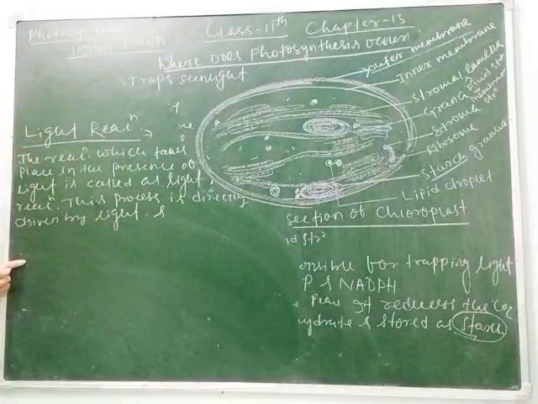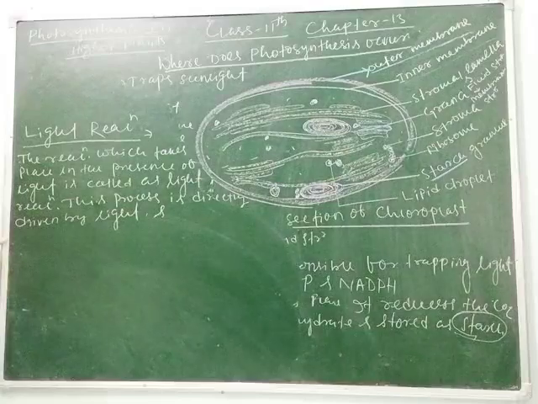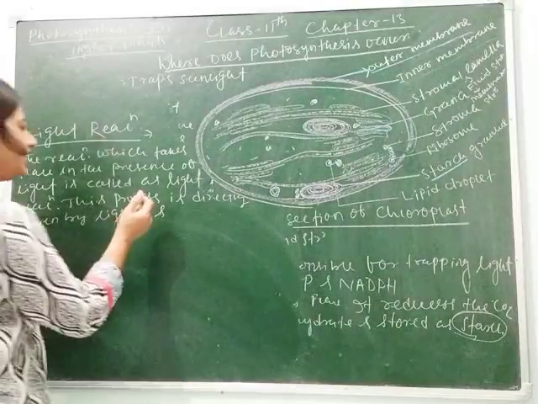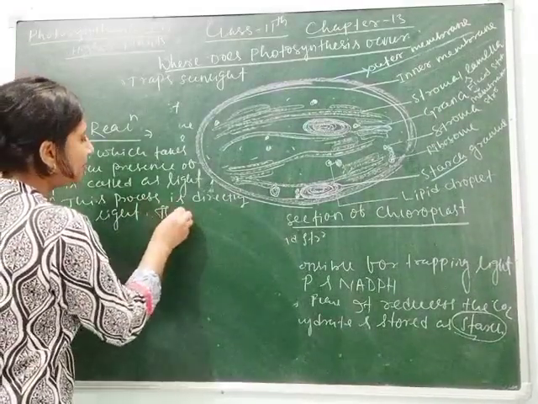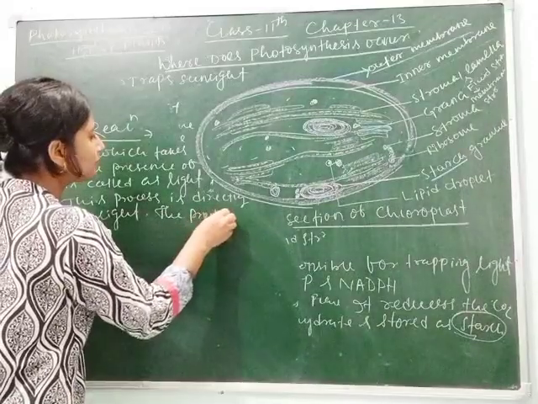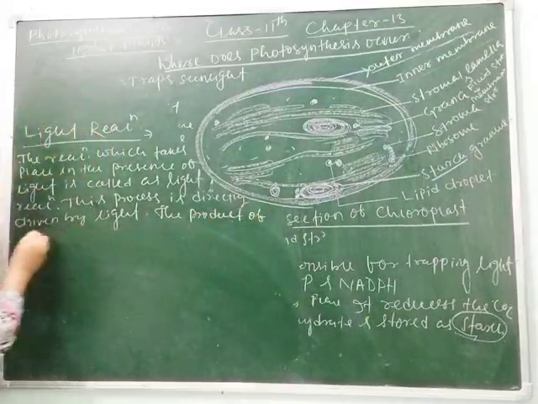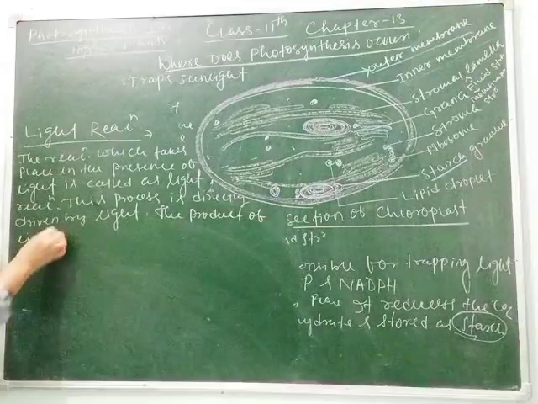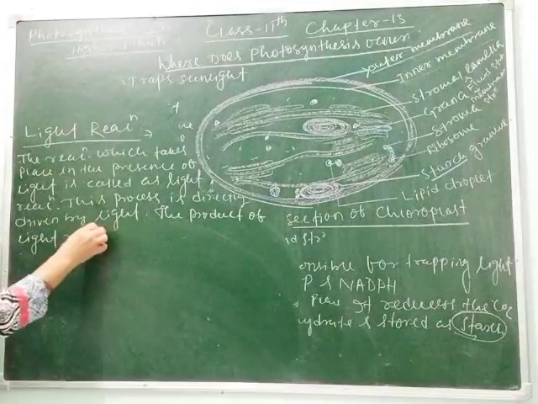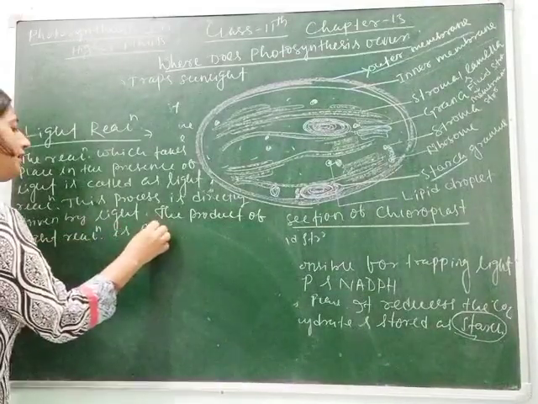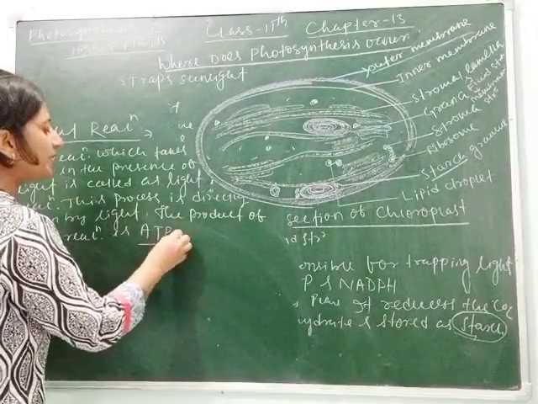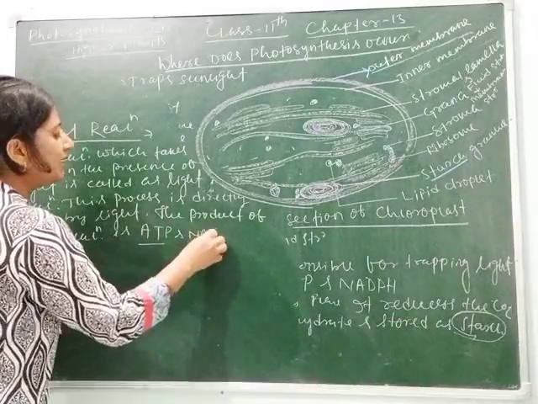So we can say the product of light reaction is ATP, adenosine triphosphate, and NADPH.